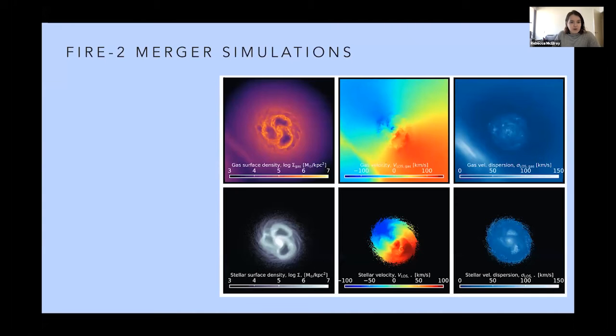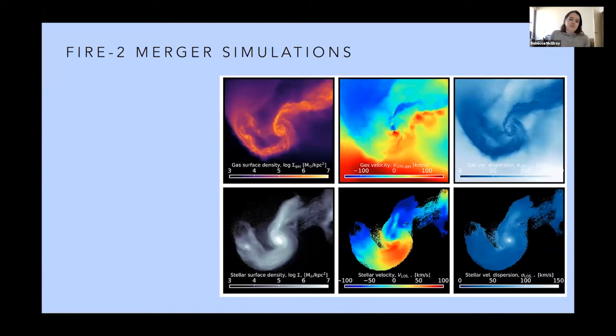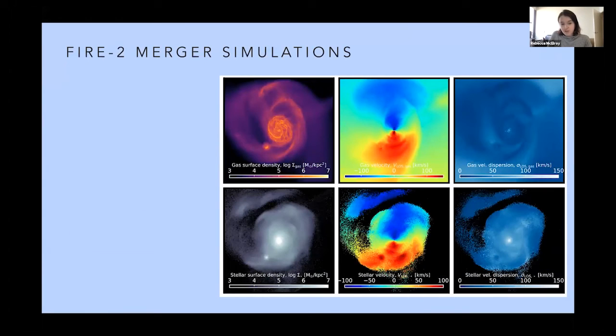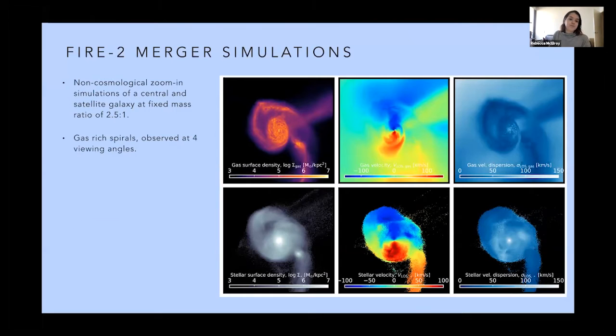So in this work, I've been using the FIRE-2 simulations, which I'll show this video, which will hopefully play for you. And what we have here is the gas surface density, velocity, and dispersion, and then the stellar surface density, velocity, and dispersion throughout a single merging event. So these are non-cosmological zoom-in simulations of a central and a satellite galaxy with a fixed mass ratio of 2.5 to 1.